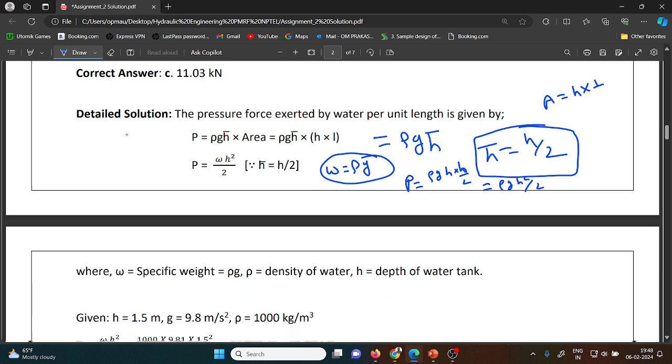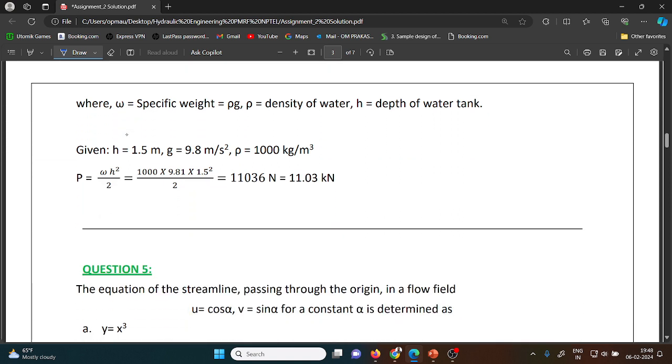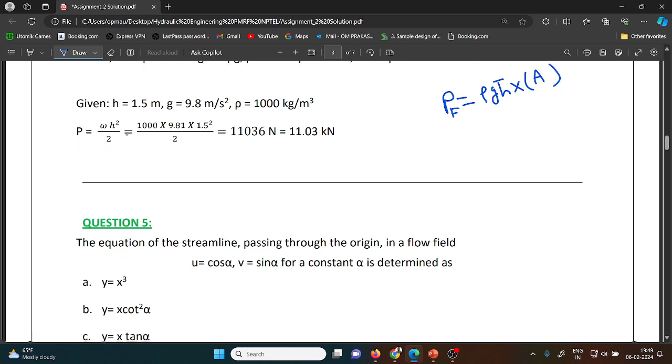In this formula, if you put the values, you will get the answer 11.03. So this is the whole idea. Always remember, the pressure force is not simply your pressure. The pressure force is asked here. So the pressure force is rho g h bar, always remember, into area. Now moving ahead, question number 5.